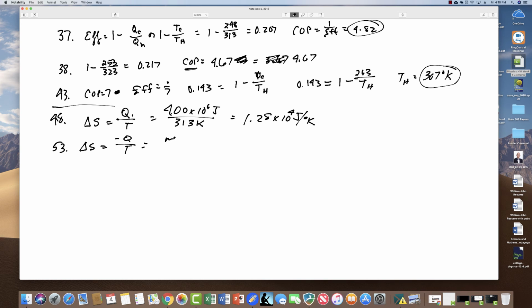So that's going to equal the mass of the water times the latent heat divided by the temperature at which this occurs, which is going to be 25 grams times 2450 joules per gram, which is the same as kilojoules per kilogram, divided by 308, which is the temperature in Kelvin, and that's going to be minus 199 joules per degree K. So that's how much entropy is lost with that heat transfer.